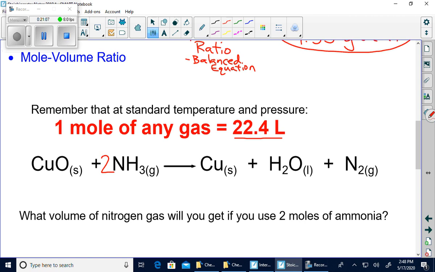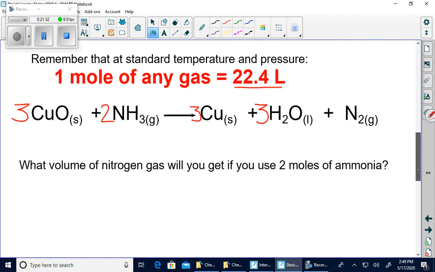That gives me 6 hydrogens, so I have to put a 3 there to get my 6 hydrogens. That gives me 3 oxygens, so I have to put a 3 there so my oxygens are good. And then lastly, I've got to squeak a 3 in right there so my coppers are good. Okay, it's balanced.